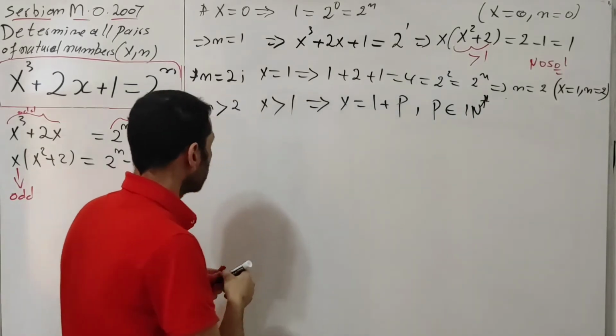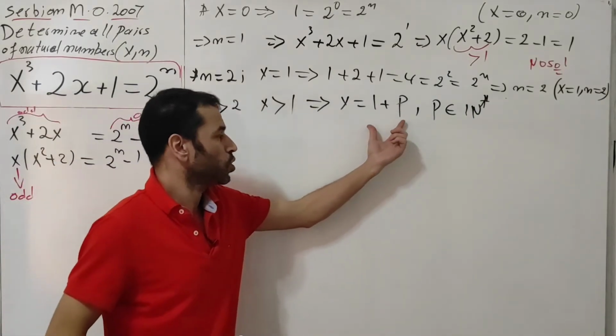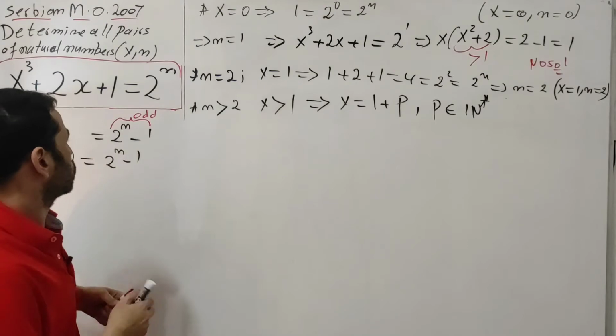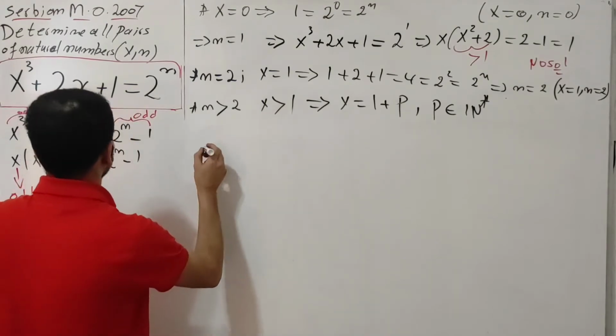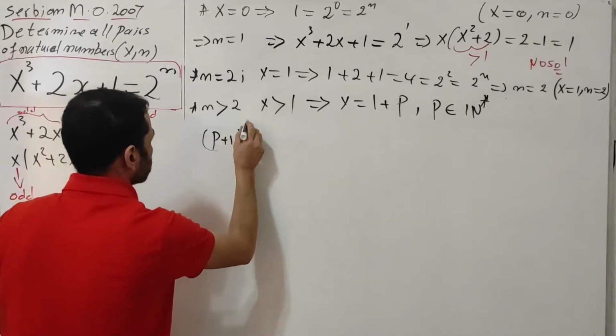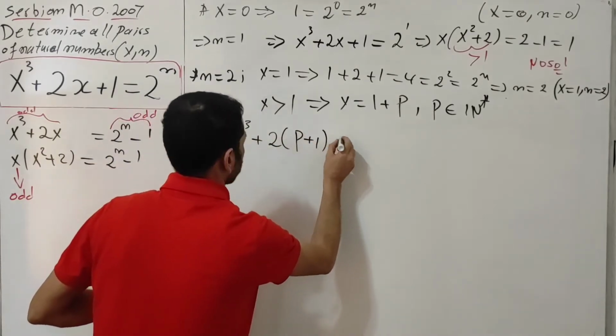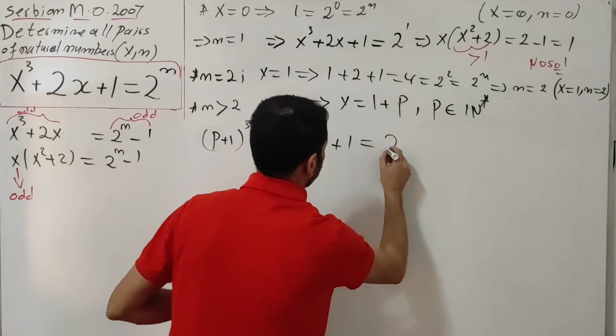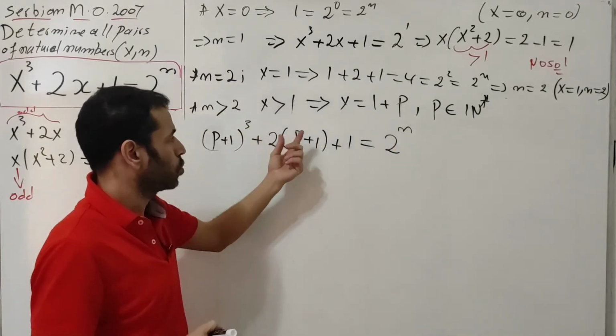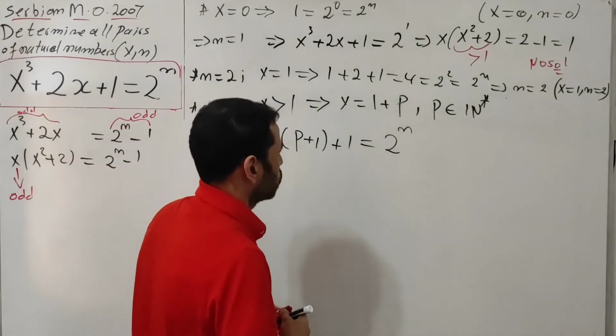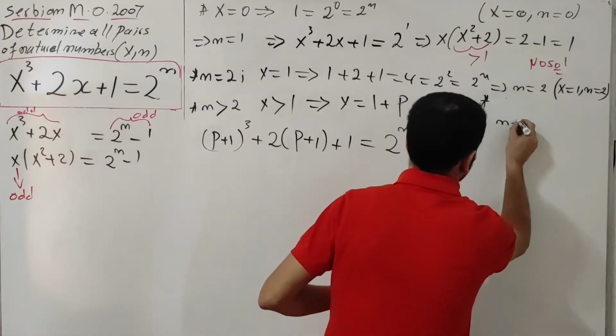Okay, I'm going to insert this fact into the original equation to see what it gives us. I have (p+1) cubed plus 2 times (p+1) plus 1 equals 2 to the n. Now I'm going to work with n being even in this case.